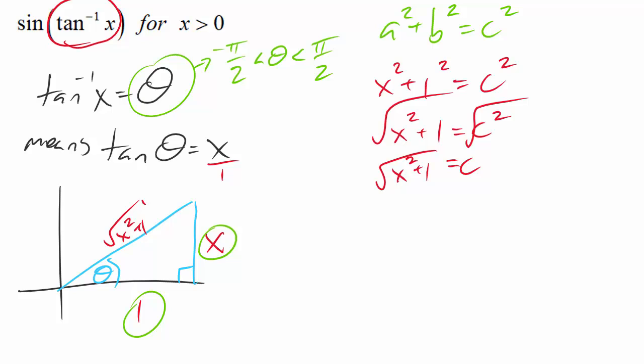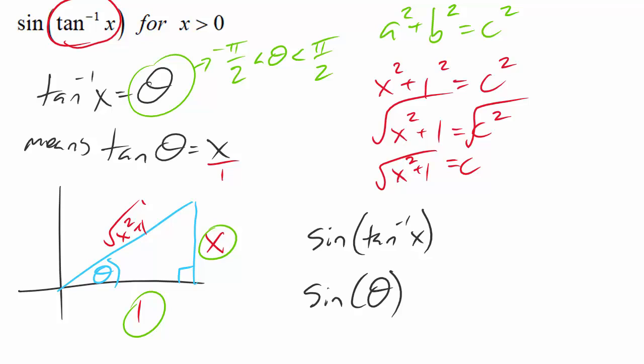But this was all done in an effort to figure out the sine of our tangent inverse of x. But remember, tangent inverse just gave us an angle, which we called theta, or at least I did, and you're listening to me, so you get to follow along with thetas. Now theta was our guy here.